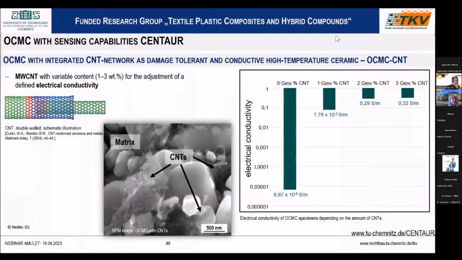And here the insertion of the CNTs was successful, and higher conductivity was demonstrated with increasing the CNT content. You see this on the right hand side, and also in the middle our SEM image where you can see the network of these CNTs.